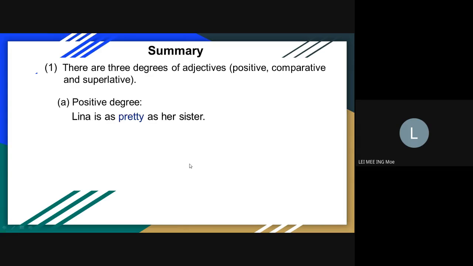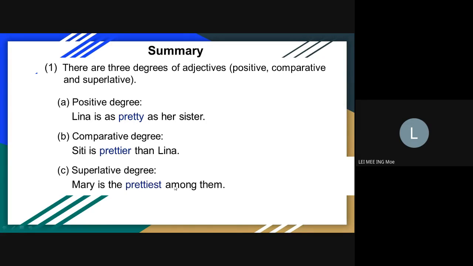For example, Lina is as pretty as her sister. For comparative degree, when we are comparing unequal nouns, normally we can see "than" in our sentence. For example, Siti is prettier than Lina.